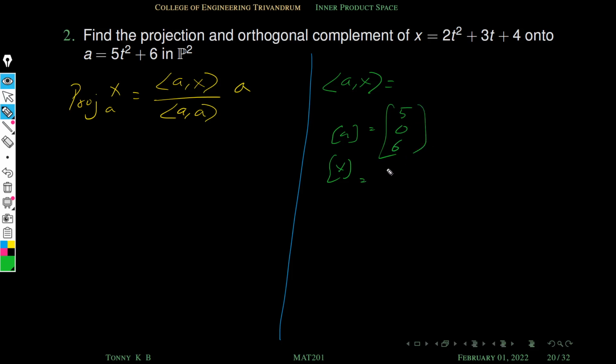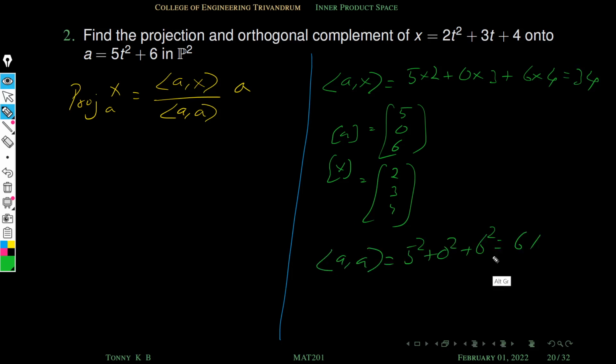And the coordinate of x with respect to the standard basis is 2, 3, 4. Then we consider the Euclidean product. So the inner product of a and x is 5 into 2 plus 0 into 3 plus 6 into 4, which is equal to 34. Similarly, you can find the inner product of a and a, that is 5 square plus 0 square plus 6 square, that is 61.